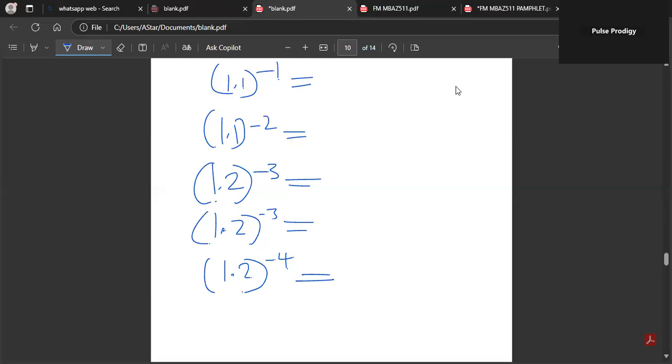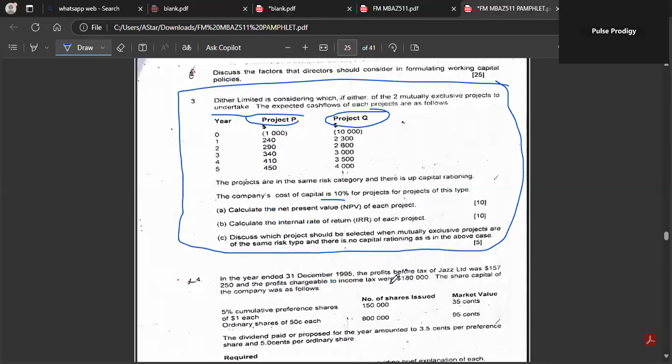All right, so now getting down to the solution. The first one says calculate the net present value of each project. These projects have nothing in common. They are mutually exclusive, they are disjoint.